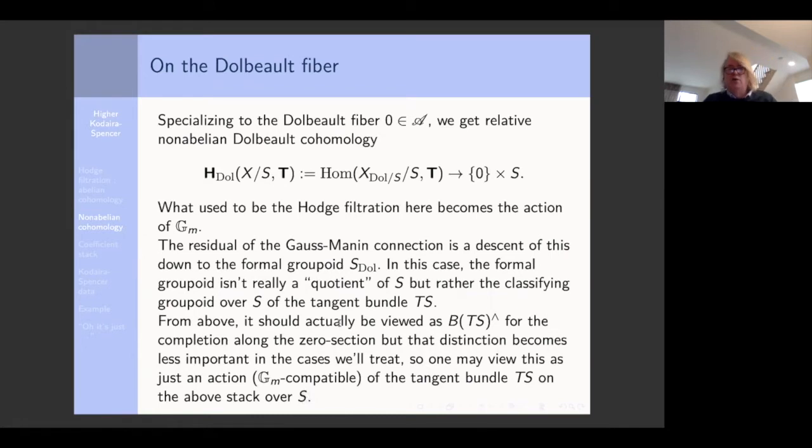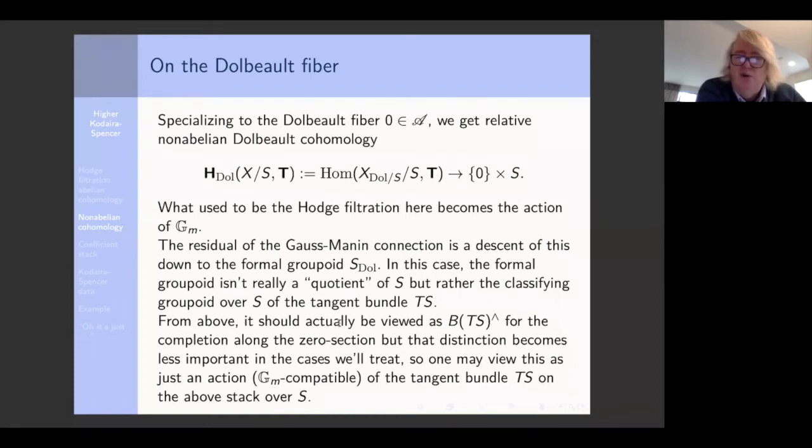Okay. So if we specialize to the Dolbeault fiber, we get a relative non-abelian Dolbeault cohomology, which is Hom of X Dolbeault over S mapping into T. That maps down to S, which is the 0 fiber of it over A cross S. And so what used to be the Hodge filtration is now an action of the multiplicative group.